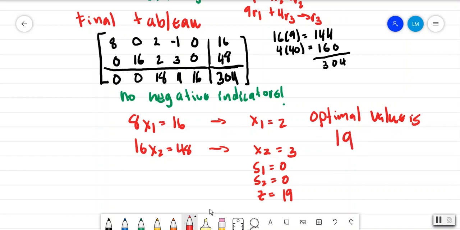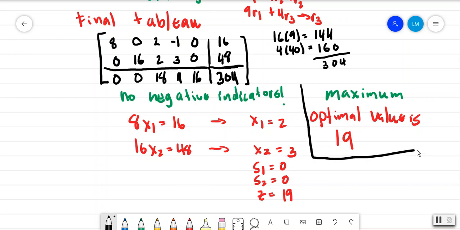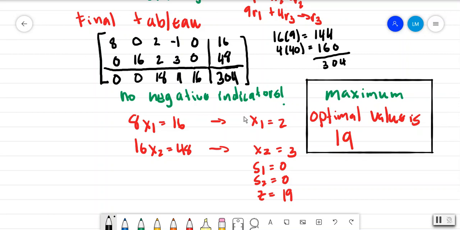Now, in a way, we can say that this is the maximum. So our solution is essentially 19 with those conditions.